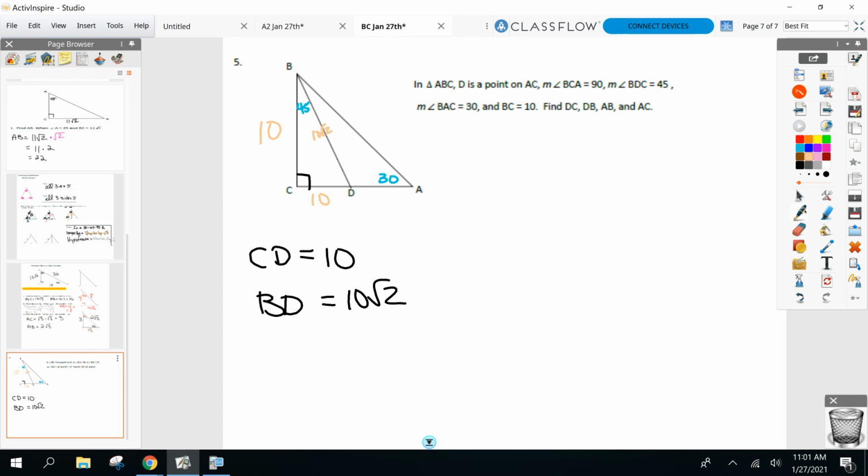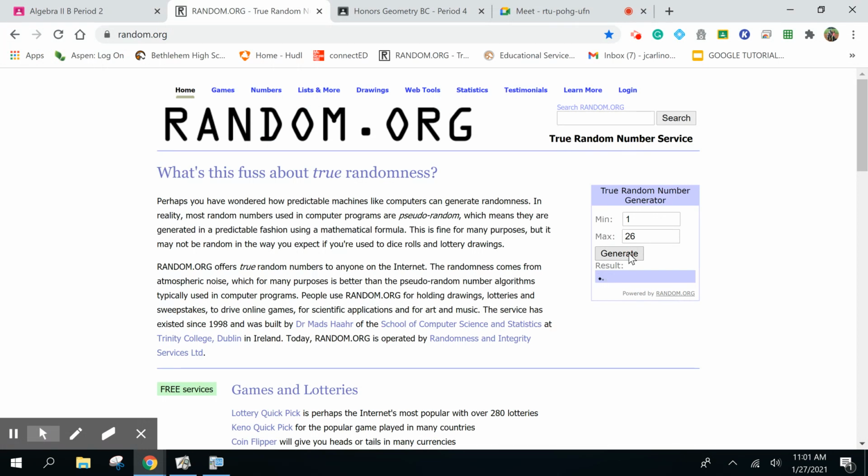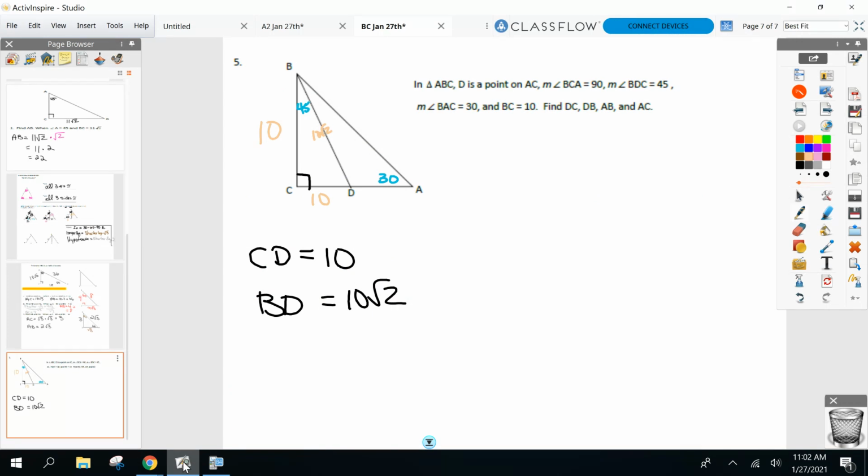Then let's talk the 30, 60, 90 now. There's a 30, 60, 90 in this diagram. Oh boy, 16. Kyla, hello. Do you see a 30, 60, 90 in this diagram? Triangle BCA. BCA, good. Kyla, do you know one of the sides in triangle BCA?